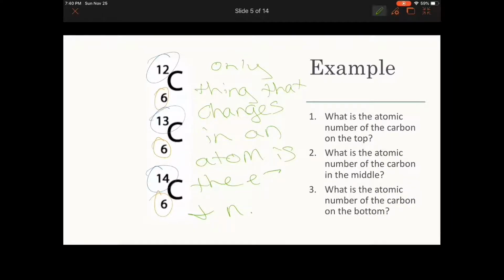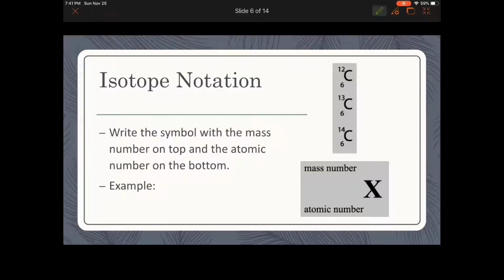All right. So in order to write the isotope notation, we're going to write the atomic symbol. So this C, that's the symbol for carbon. And then you're going to put the mass number on top and the atomic number on the bottom. So here I put those carbons there again just to show you each of those again.